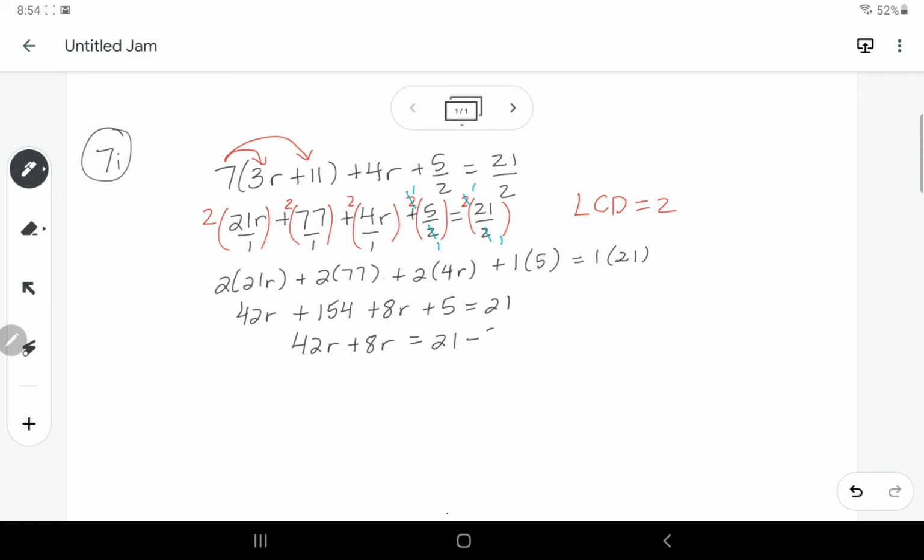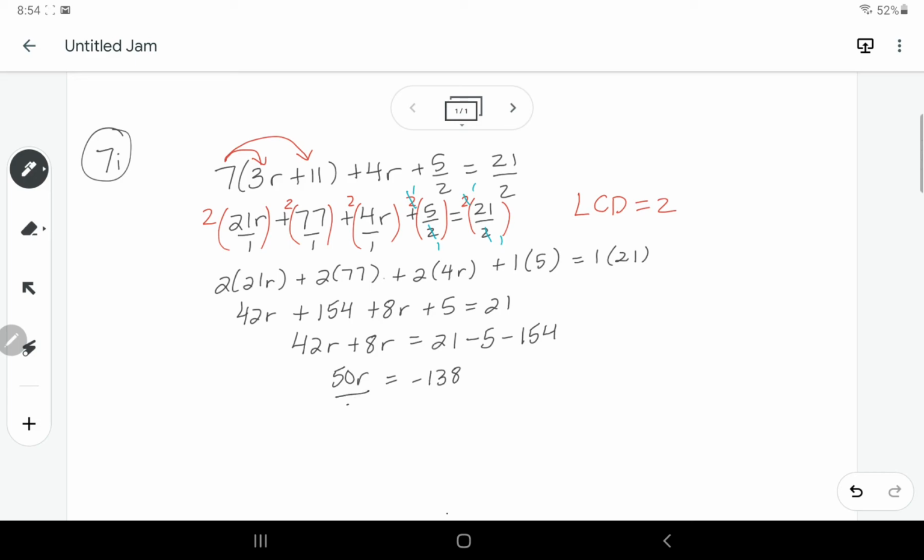Then I'm going to have minus 5 and minus 154, because I have the opposite: I have plus 154 and plus 5 on the left, so I have to take that away. So here, 42r plus 8r is 50r, and that equals negative 138.